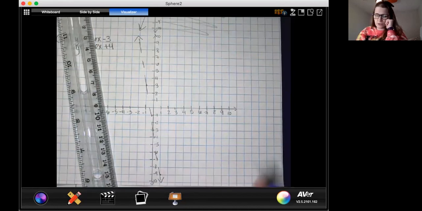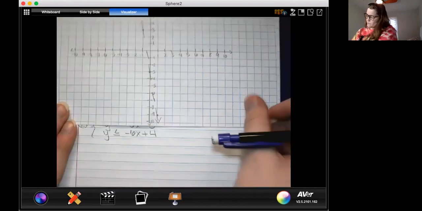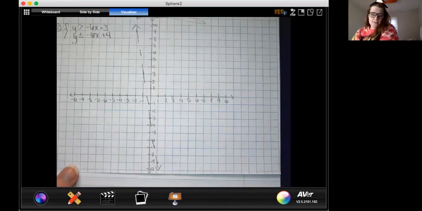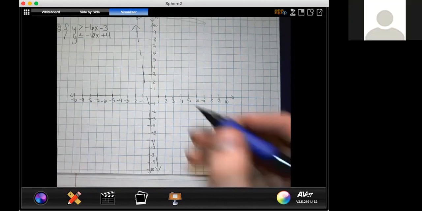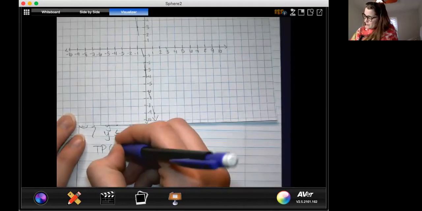So now we're going to do our test point. Okay, can I use the test point 0, 0? Yes, I can. So it is very close, but it is on the right side.